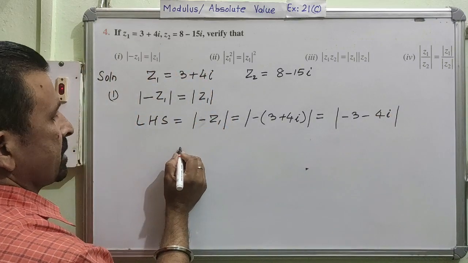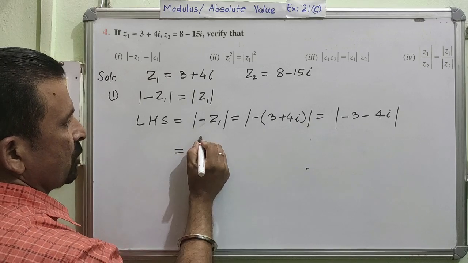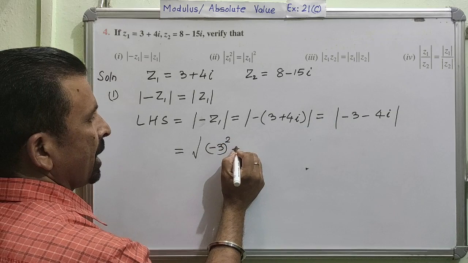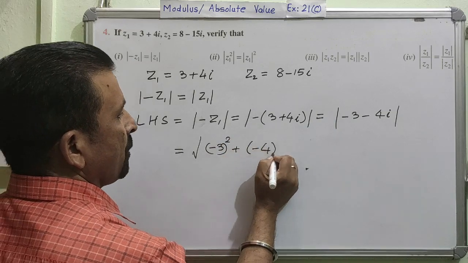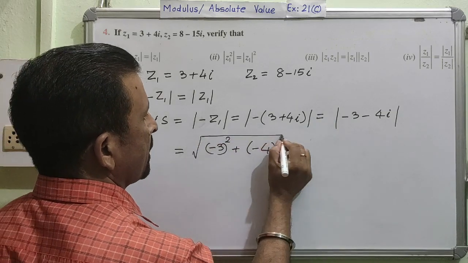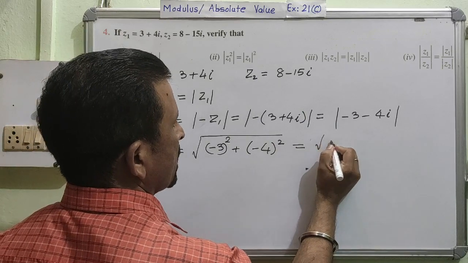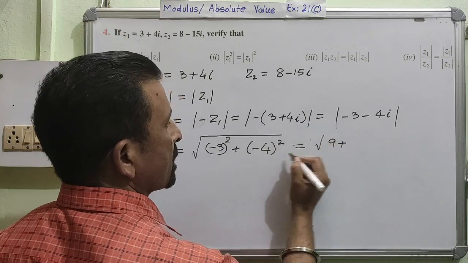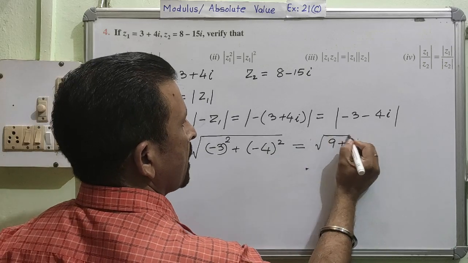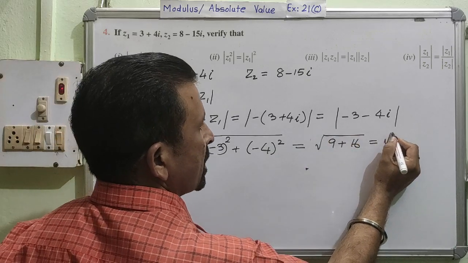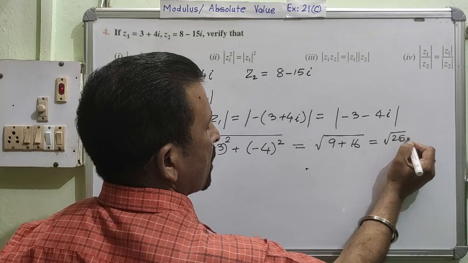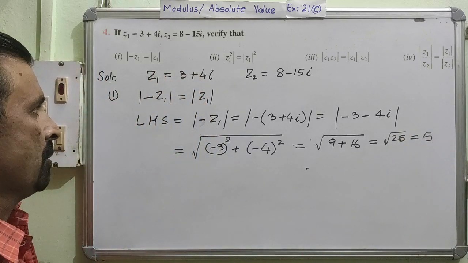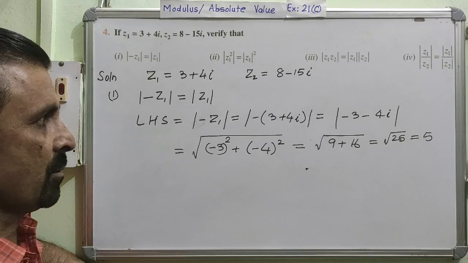And now we can find its modulus, which will be equal to the square root of negative 3 square plus negative 4 square. This is then equal to root over, negative 3 square will be equal to 9, plus negative 4 square will be equal to 16. 9 plus 16 will be equal to 25, and then the square root of 25 is equal to 5. So the modulus of negative Z1 is equal to 5.